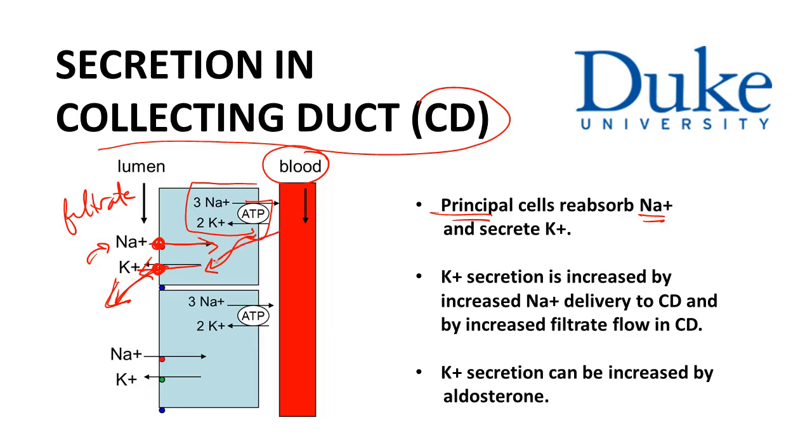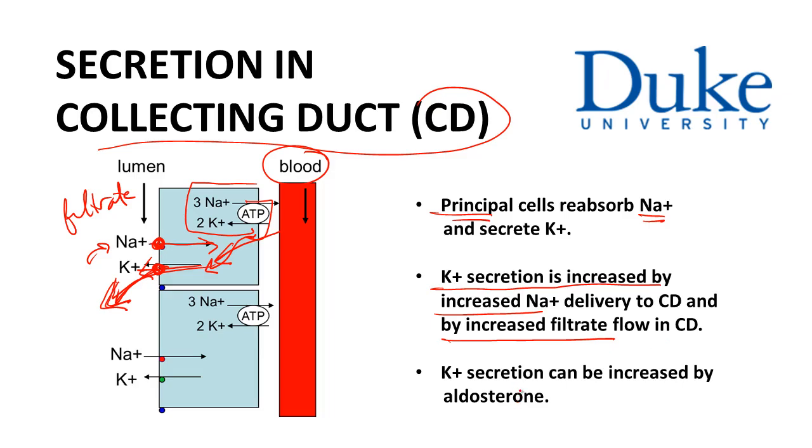This will then drive the sodium-potassium ATPase, and we will then lose potassium into the blood. So we have two ways of increasing the secretion of potassium. One is to have a delivery of high amounts of sodium to this region. And secondly is to increase the filtrate flow, delivering a high filtrate flow to the collecting duct.